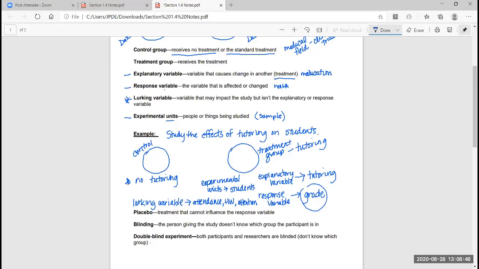Okay, so we want to talk about these terms here: placebo, blinding, and what a double-blind experiment is. A placebo, most of you've heard of the placebo effect, is a treatment that cannot influence the response variable. In other words, a lot of times the placebo is like a sugar pill.